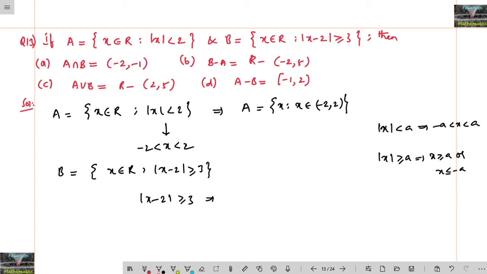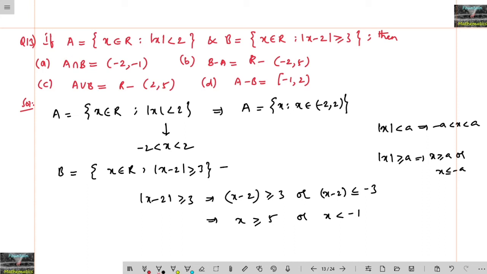So which means here x minus 2 greater than or equals to 3 or x minus 2 is less than or equals to minus 3. So which implies x is greater than or equals to 5 or x is less than or equals to minus 1.